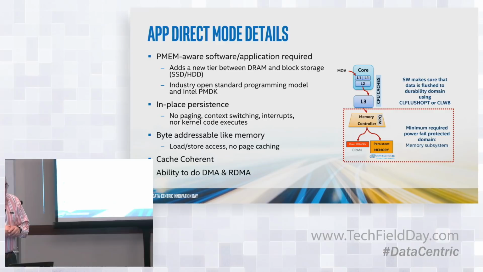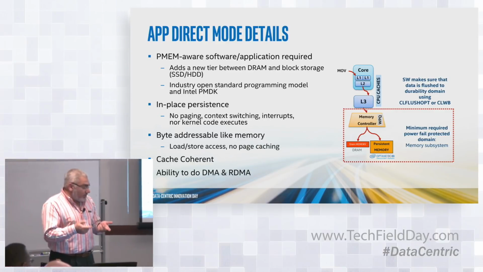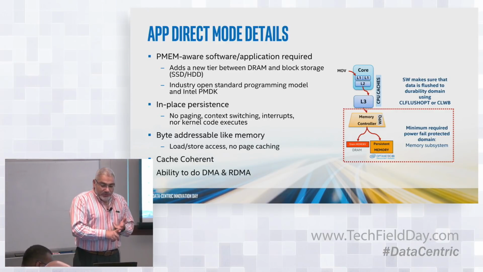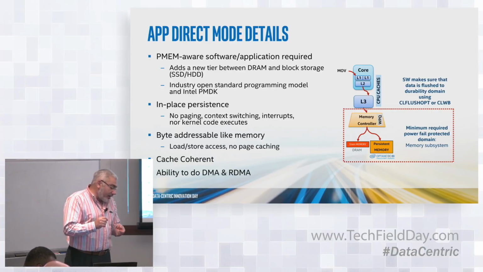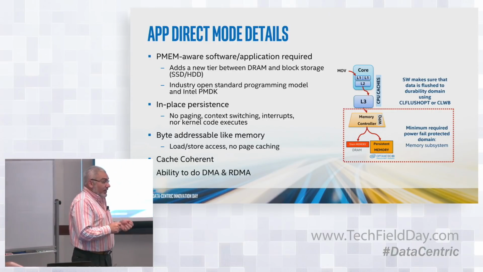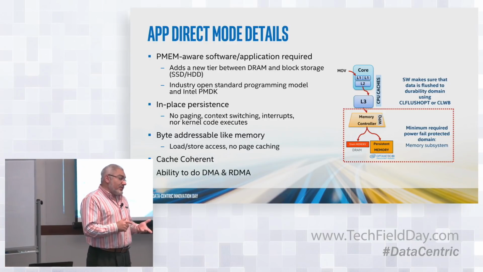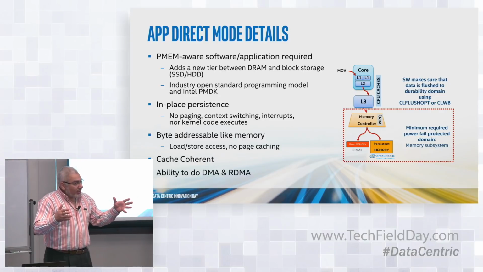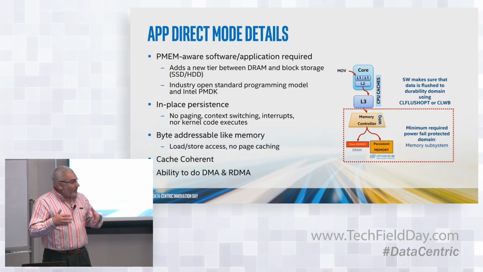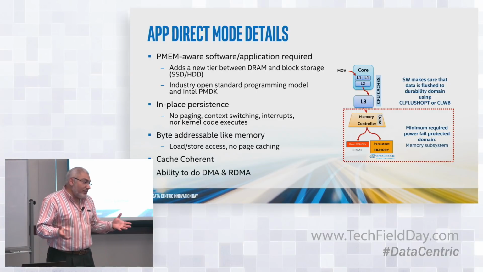Okay, so this persistent memory is cache coherent, can be used with DMA and RDMA, and has a critical feature that NAND does not have, which is what we call in-place persistency. NAND has a concept of blocks, right? So you cannot really erase a page. You have to erase a big block. This media doesn't have that at all.